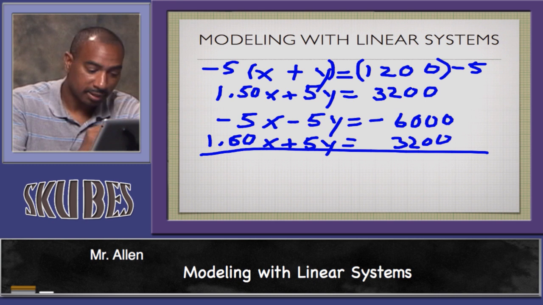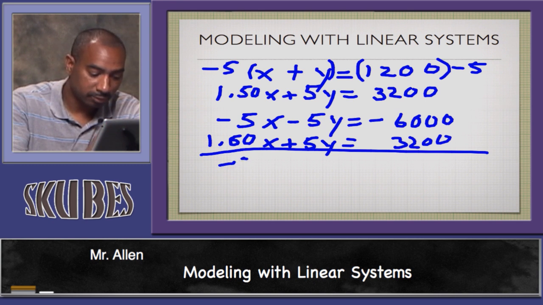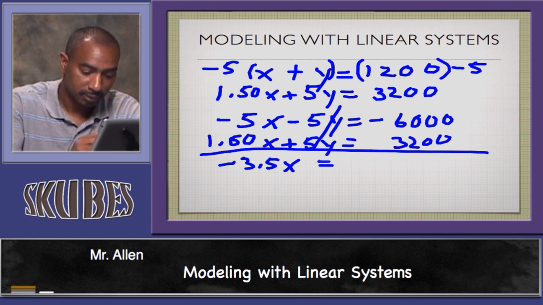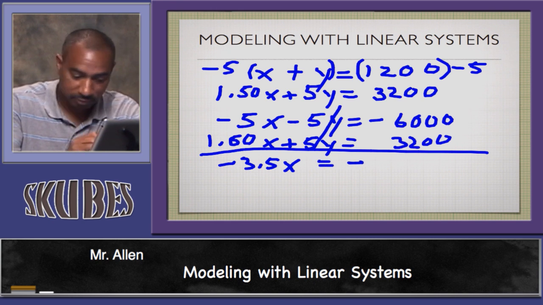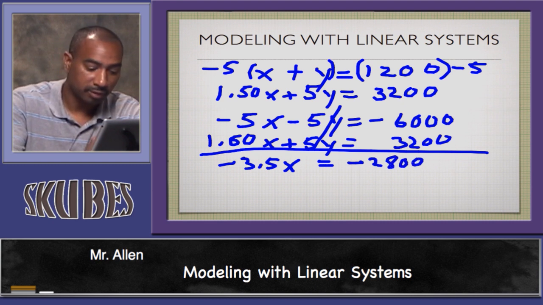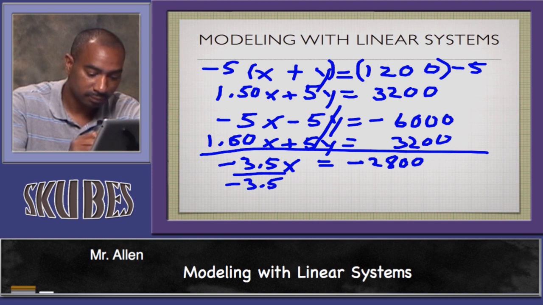Okay, so you add this, and you're going to wind up with -3.5x. The y variables are eliminated. And you're going to get -2,800 here. You're going to divide both sides by -3.5.